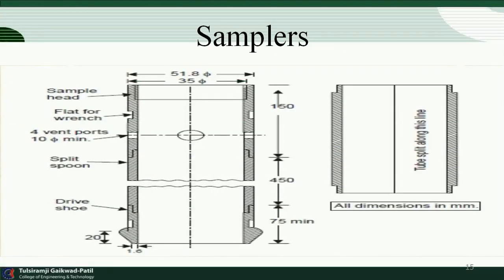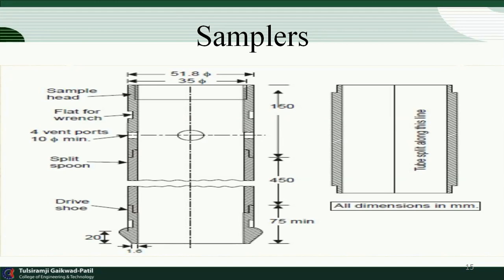Students, see this picture. In this picture, one mechanical sampler is shown, which we normally use to collect various soil samples from the underground. This is a mechanical instrument and its various parts are also shown. The topmost part is called the sample head.